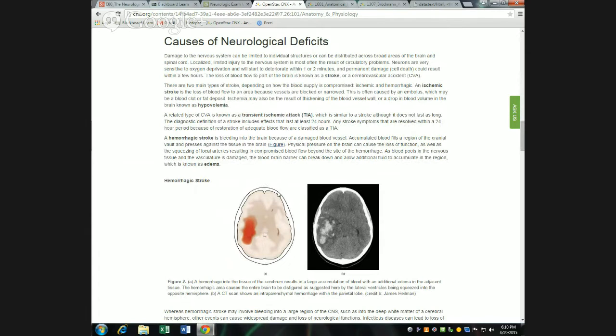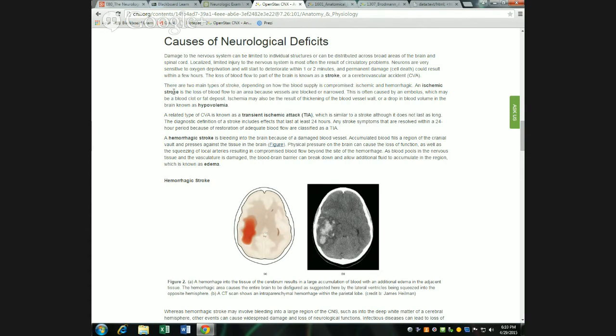The next part here is just describing the kind of things that cause neurological deficits. Probably the majority of examples of where neurological functions are compromised or very specific functions are compromised are going to be the result of circulatory problems.